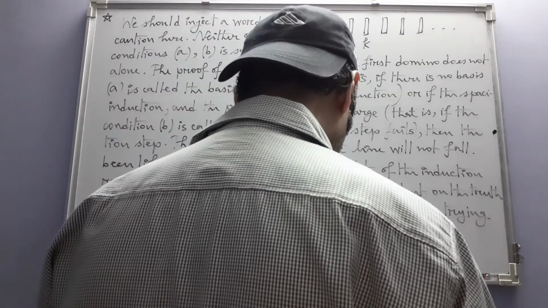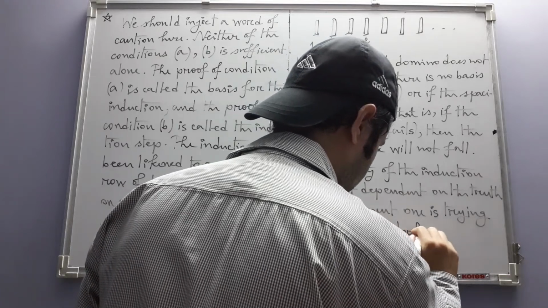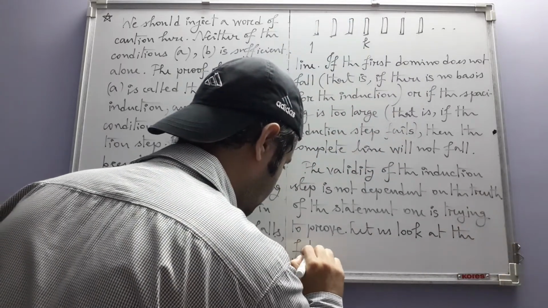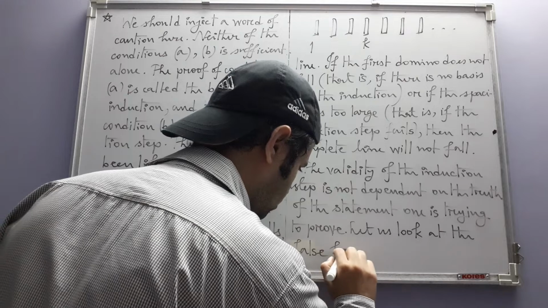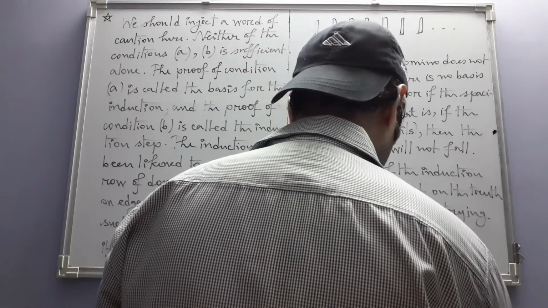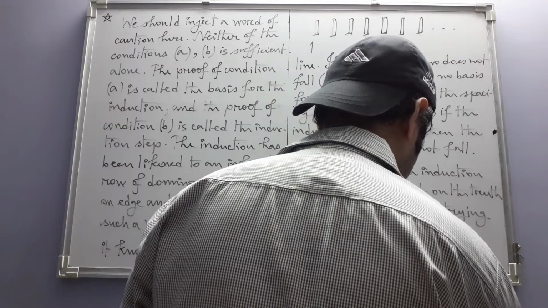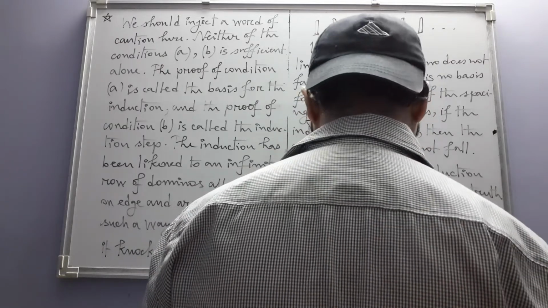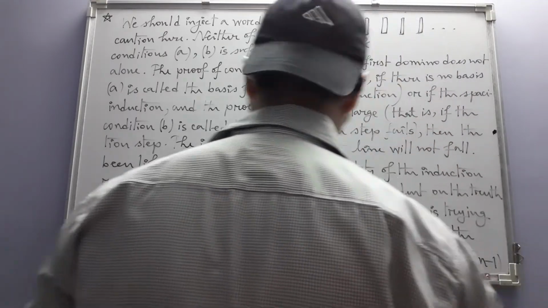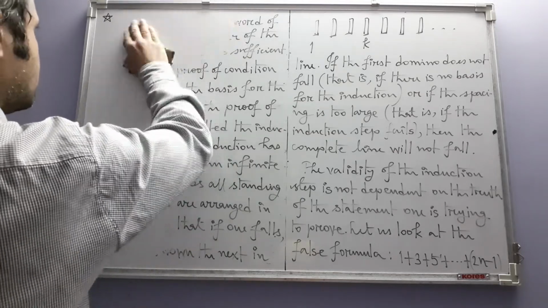And one such situation is this. Let us look at the false formula. One plus 3 plus 5 etc., that means all odd positive integers up to 2n minus 1, is equal to n square plus 3.